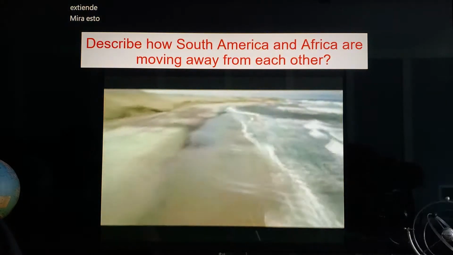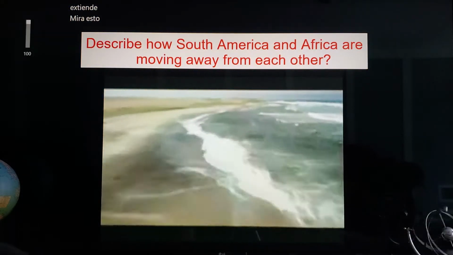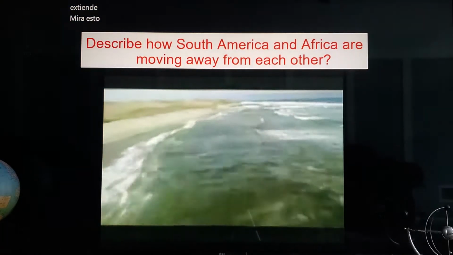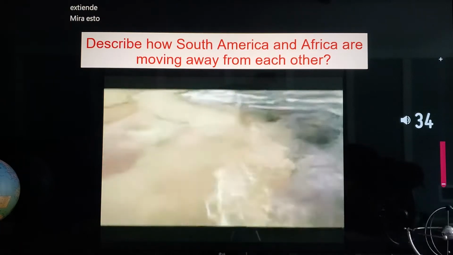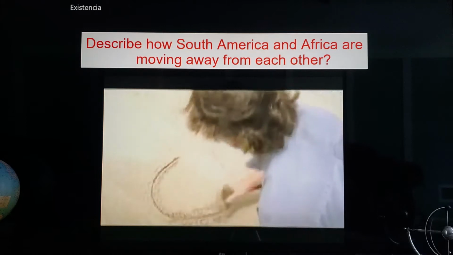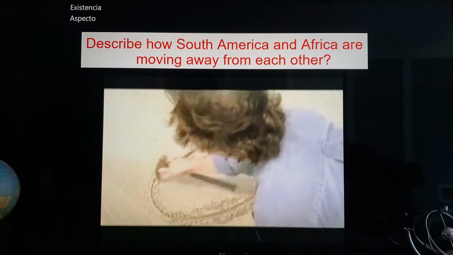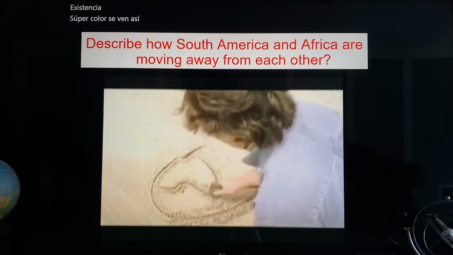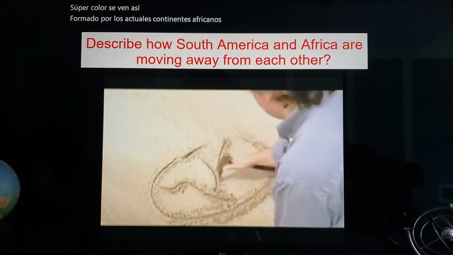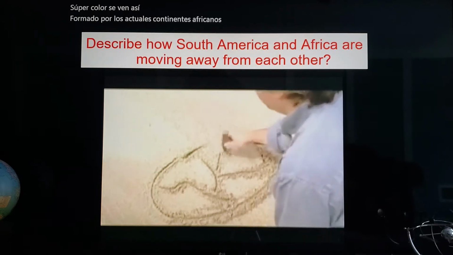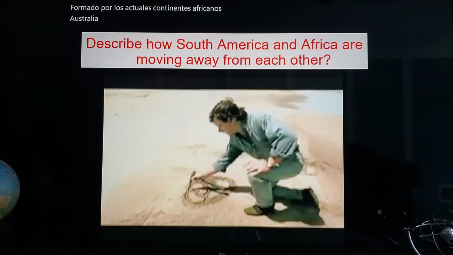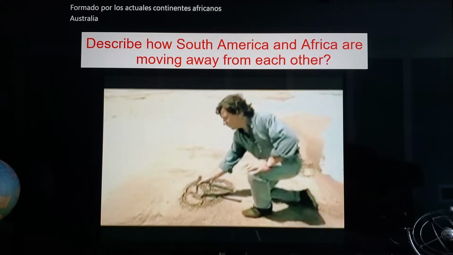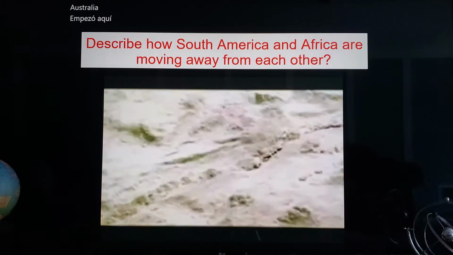The Atlantic Ocean, which now divides Africa and South America, owes its very existence to this geological cataclysm that tore Pangaea apart. The supercontinent looked like this, made up of the present-day continents of Africa, South America, India, Antarctica, and Australia. The cracking started here and split the continent into the present-day continents of South America and Africa.